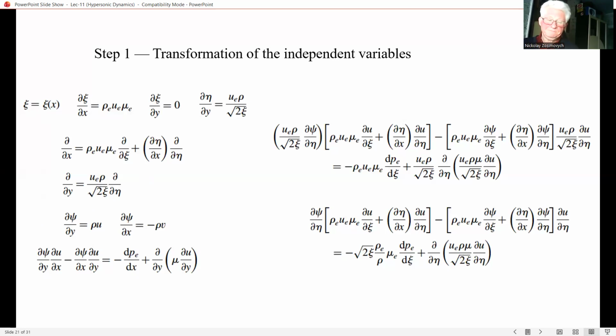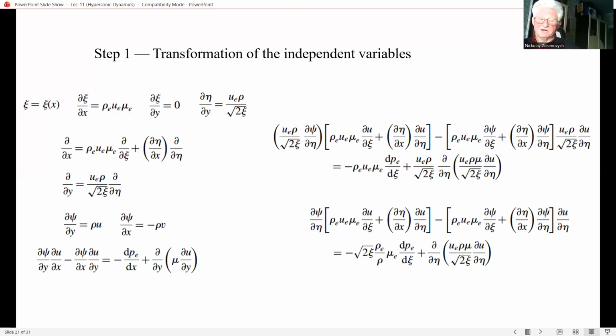At this stage, it is convenient, but generally speaking not necessary, to introduce the stream function psi, defined as usual, so that ∂psi/∂y equals rho u, and ∂psi/∂x is minus rho v. In terms of psi, the x momentum boundary layer equation becomes the next form, which you can see on the left part of the bottom of this slide.